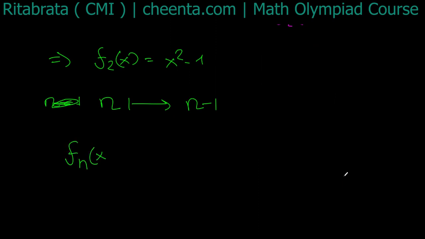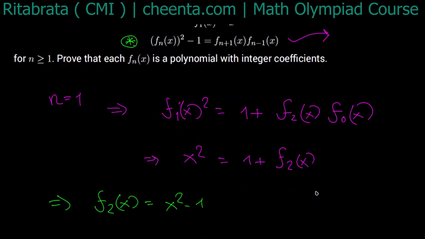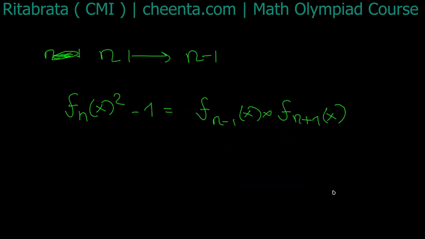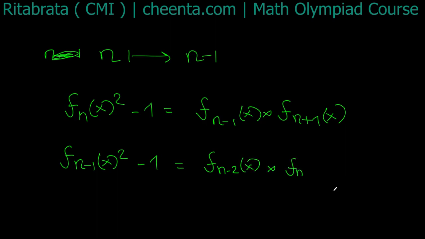First write the first one: (f_n(x))^2 - 1 was f_{n-1}(x) f_{n+1}(x). I replace n by n minus 1 to get that (f_{n-1}(x))^2 - 1 equals f_{n-2}(x) f_n(x).